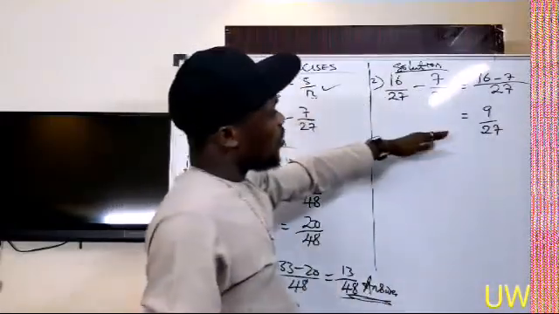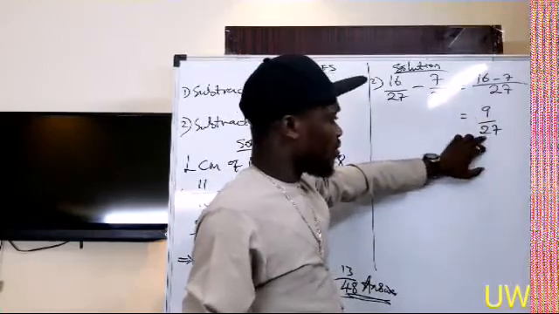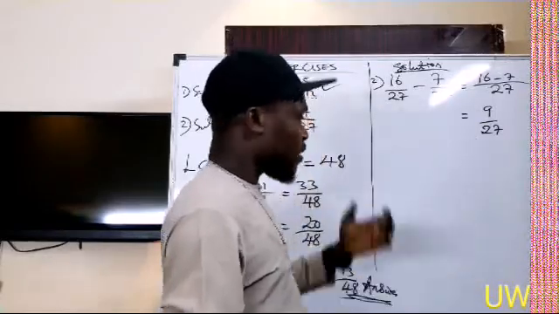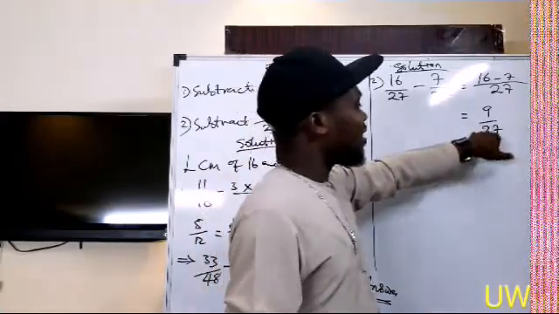So when you come here now, you find out that these two numbers, 9 and 27, still have common factors that we can eliminate in order to get the simplest fraction.